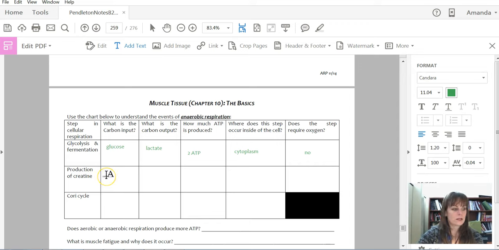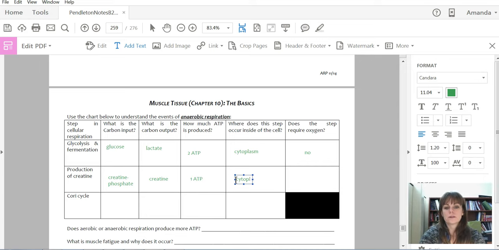So now, if you follow along in our notes, the carbon input, creatine phosphate, carbon output is just creatine, and we end up with 1 ATP in the process.